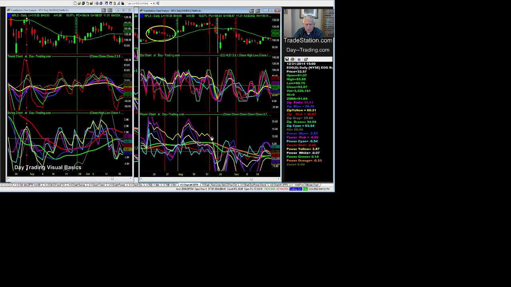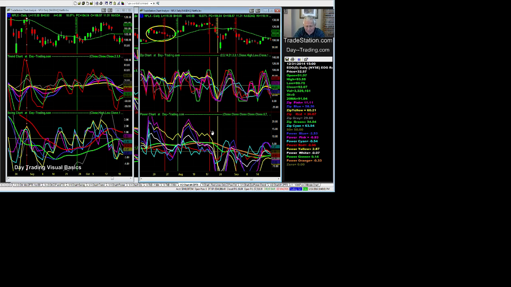Right in here, you really can't tell for sure what's going to happen the next day, because up in here in the zip chart, you have zip green at 100 for the second day. Really, I guess you can tell because the pink has dropped way down below. So it's a case of being able to read the indicators too well.